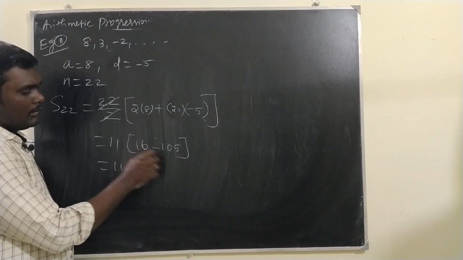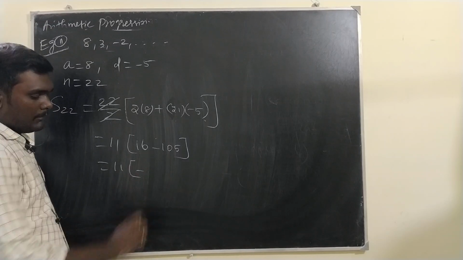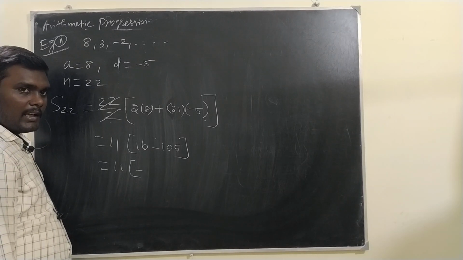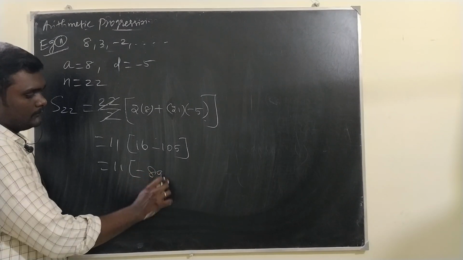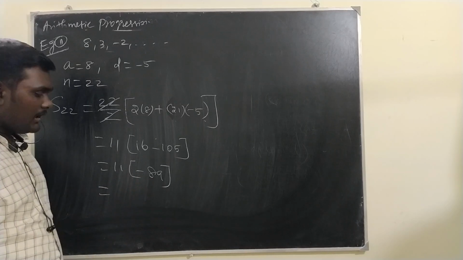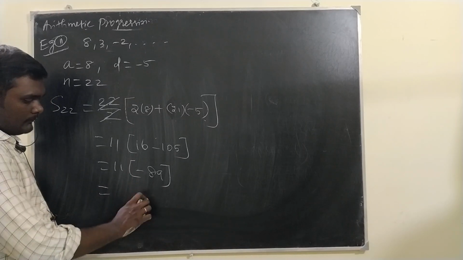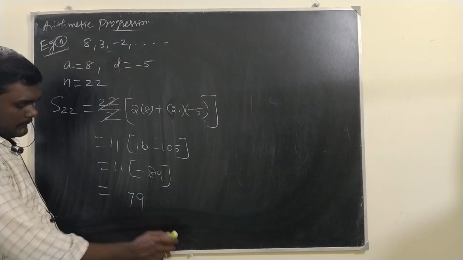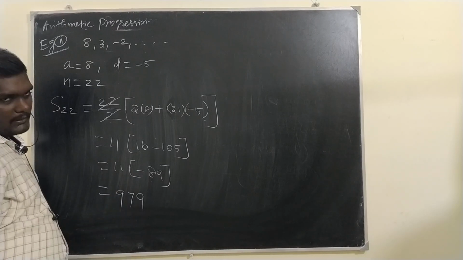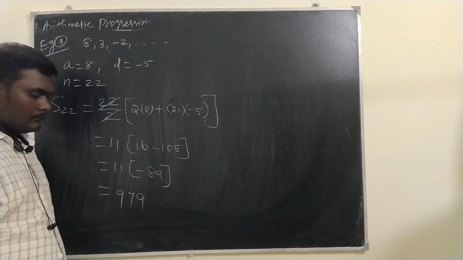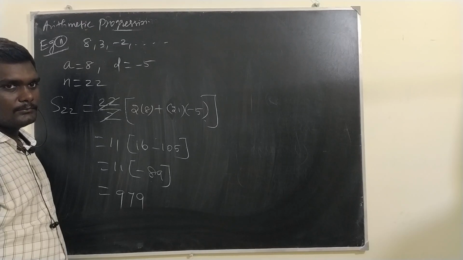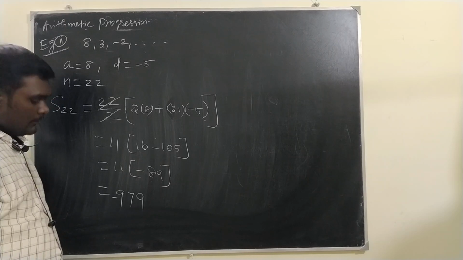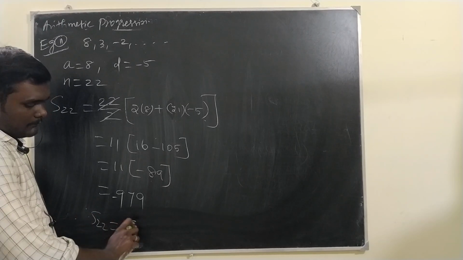Then 11 into 16 minus 105, minus 89, is it? So multiply that with 89, 11 into 89. So it is 979. Okay. But it is wrong. Yes, minus 979. So therefore S22 is equal to minus 979.